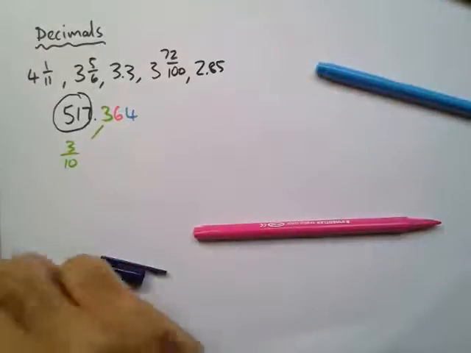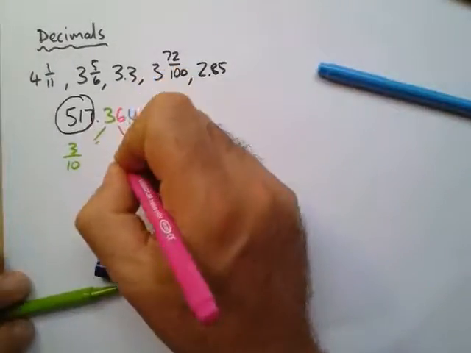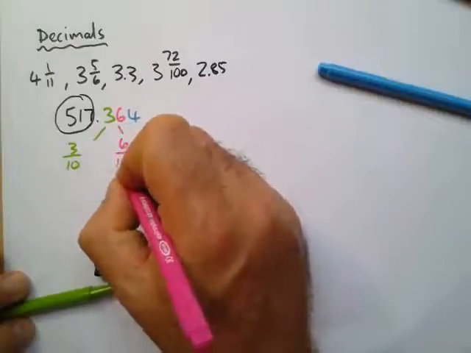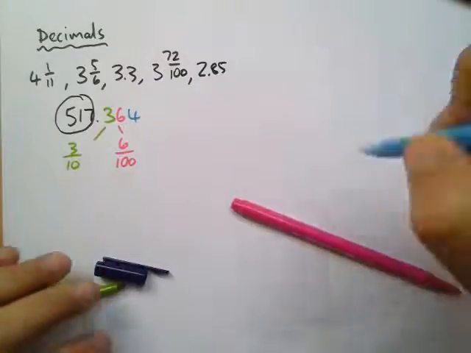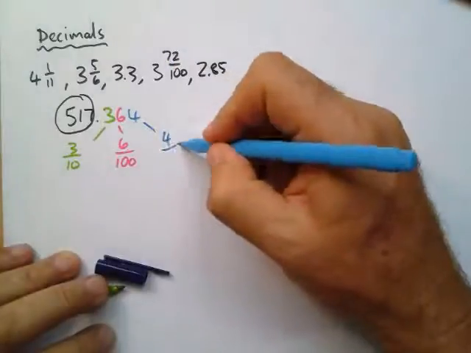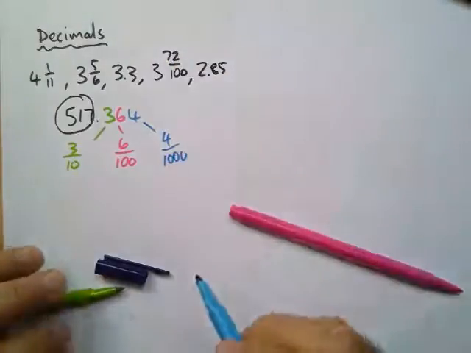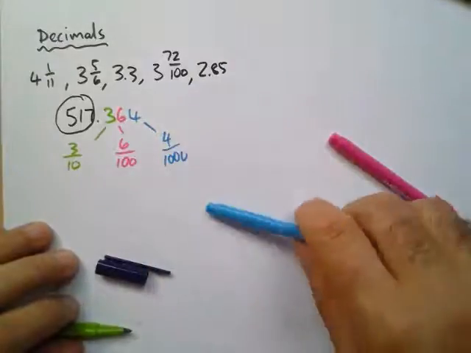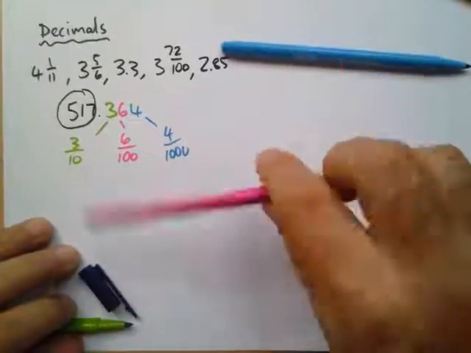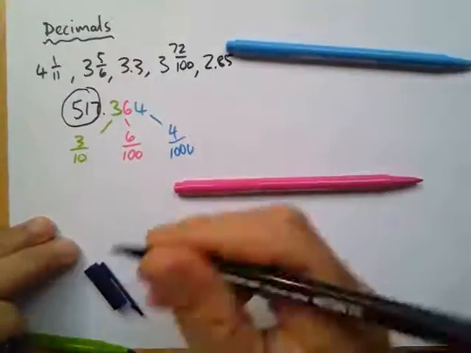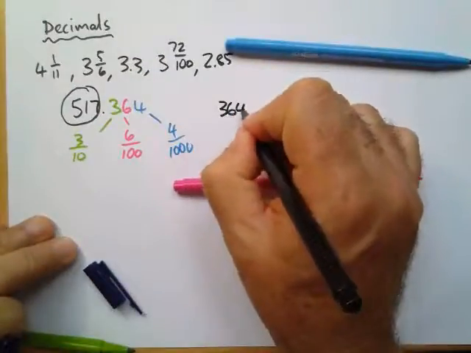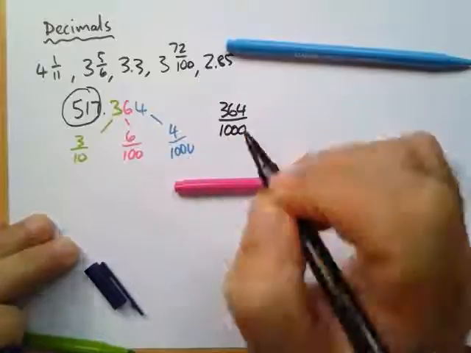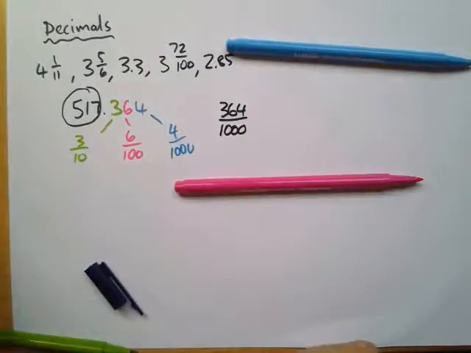We have 6 hundredths, and we have 4 thousandths. Or, if I add this up, I've got 364 thousandths. And that is what the decimal is.